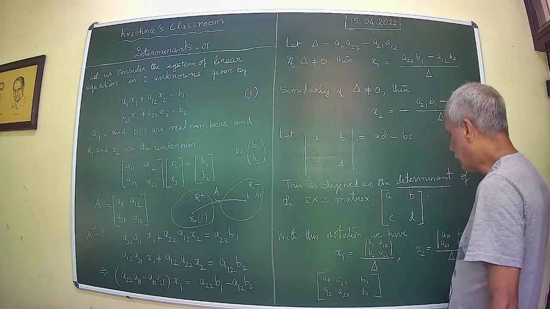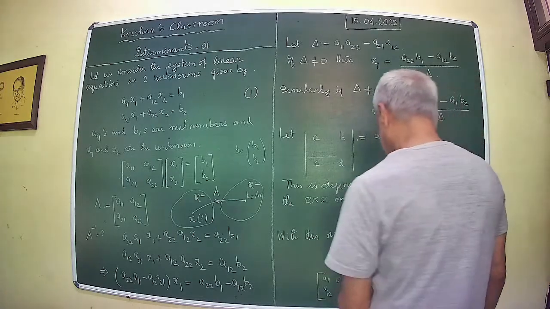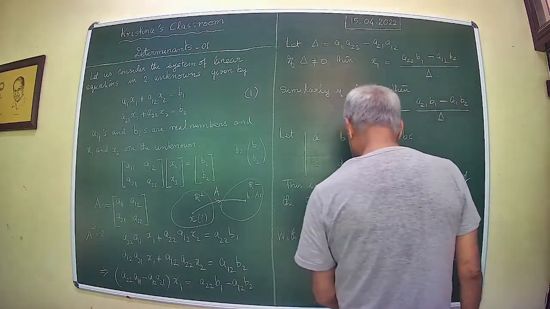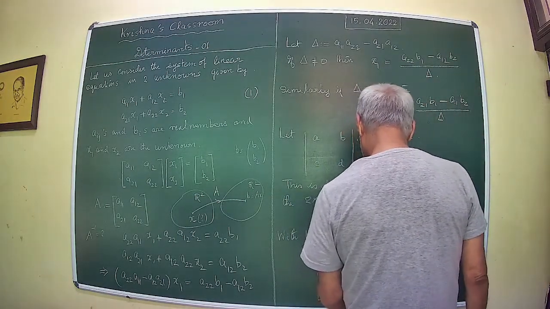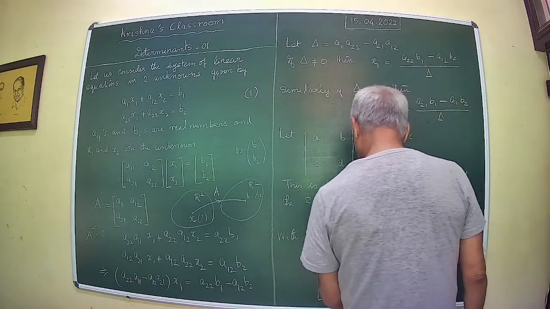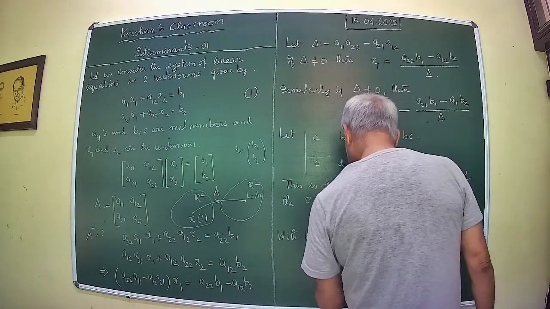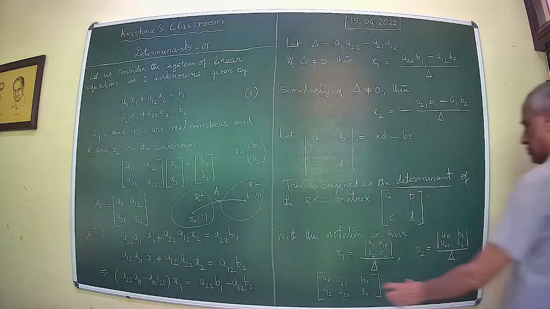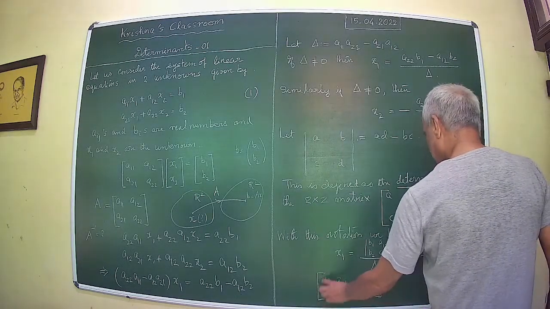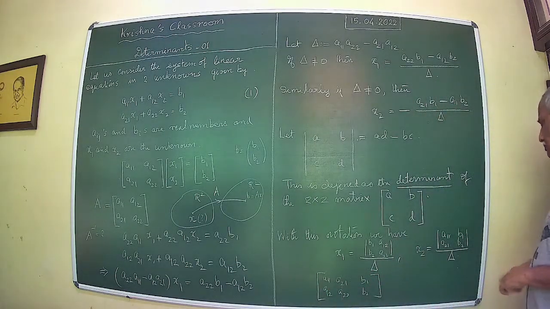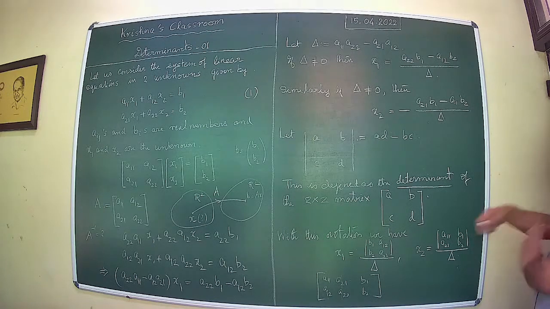Now what you have in the numerator is this. If you are looking for x1, then replace or strike out the first of the first two columns. Okay, right. This is what is called the Cramer's rule.